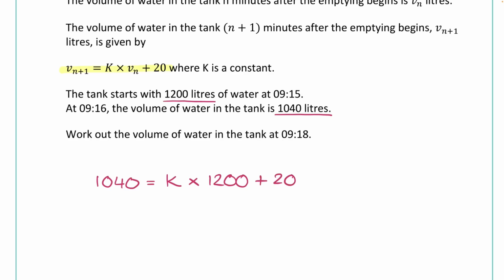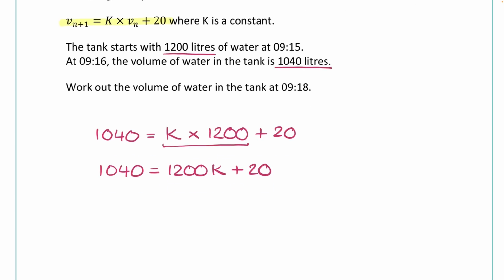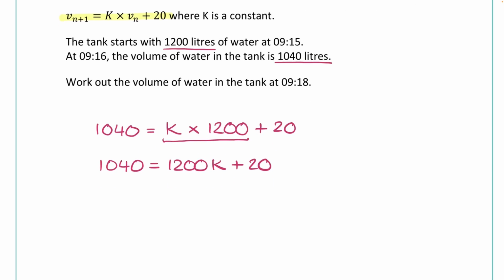Now it's up to you, but k times 1,200, normally when we times a number by a letter, would be written as 1,040 equals 1,200k plus 20. That equation is quite nice because we just need to take away this 20 from both sides, like we would with a two-step equation.